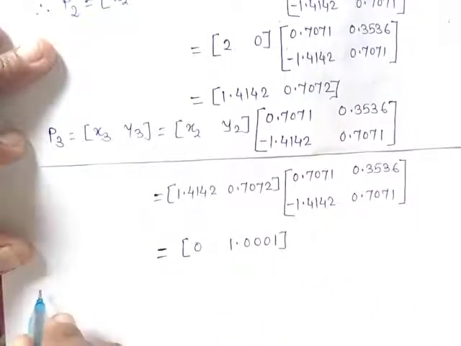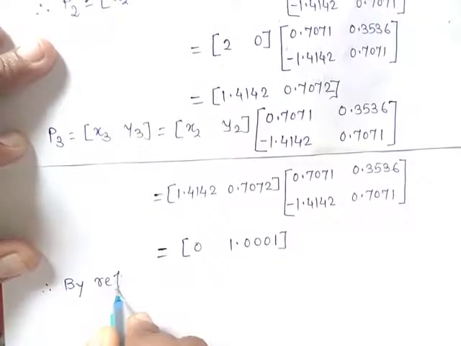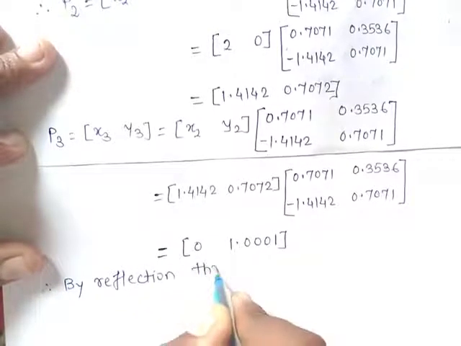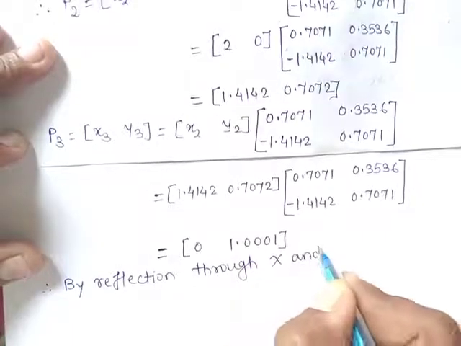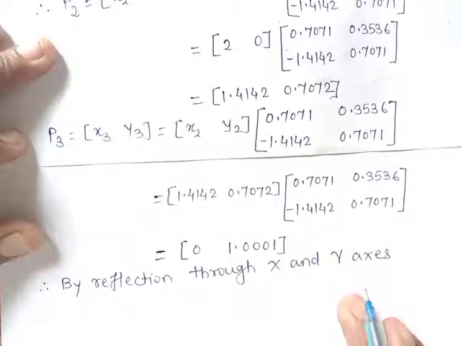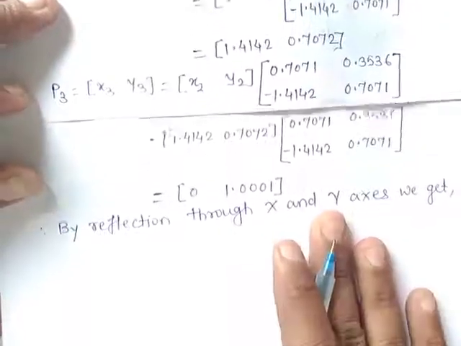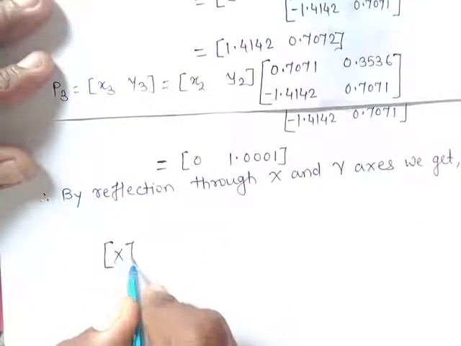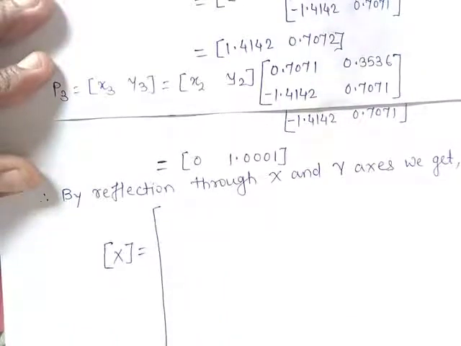Okay. Therefore, by reflection through x and y axis, we get the position vector matrix. What was the position vector matrix? It will be X, that is all the points P1, P2, so on up to P8.